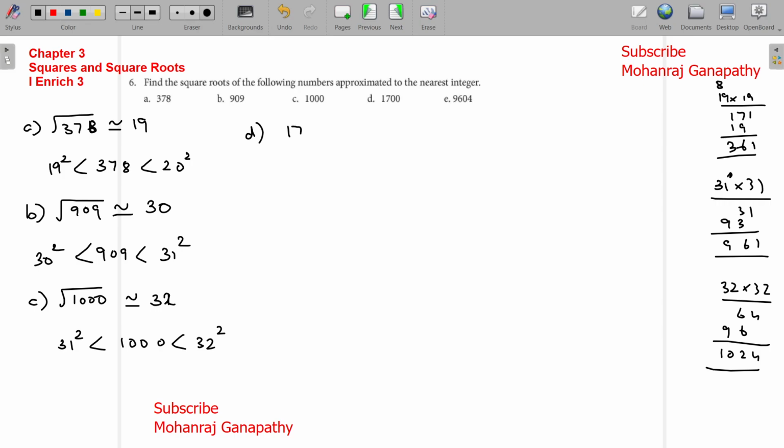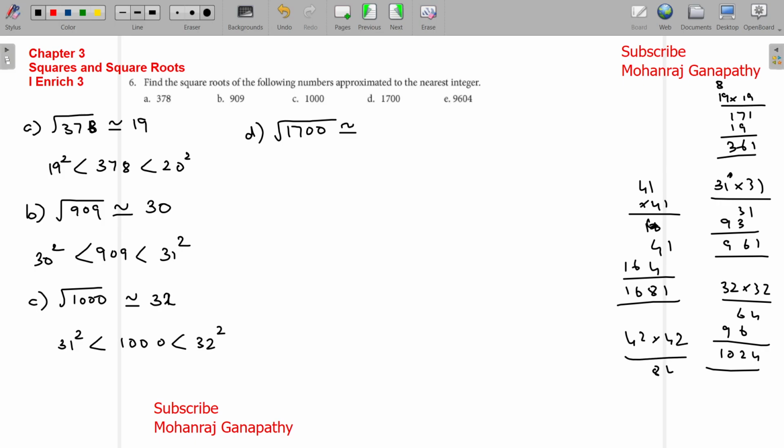D. 1700 approximate value. 40 square is 1600. 41 into 41 is 1681. 42 square is 1764.